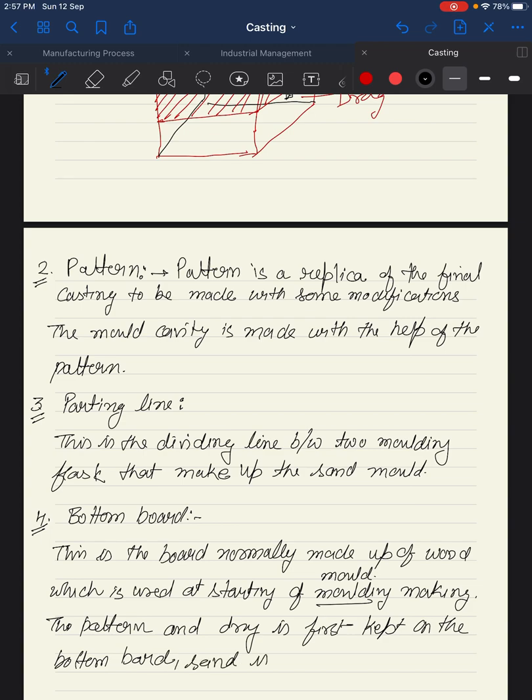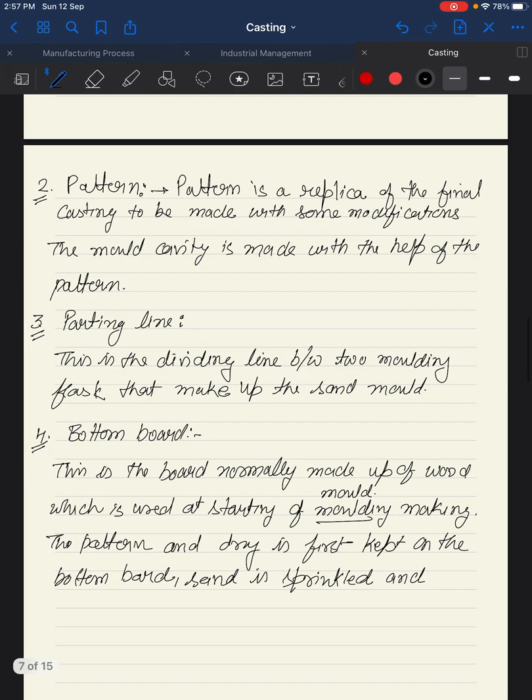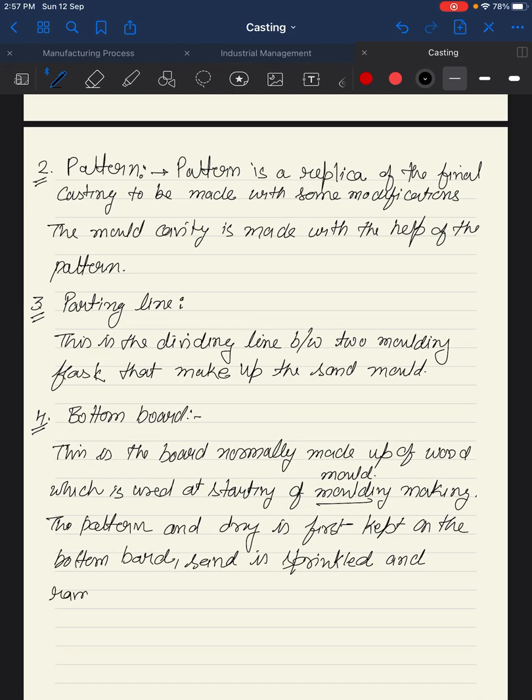Sand is sprinkled and ramming is done in the drag.